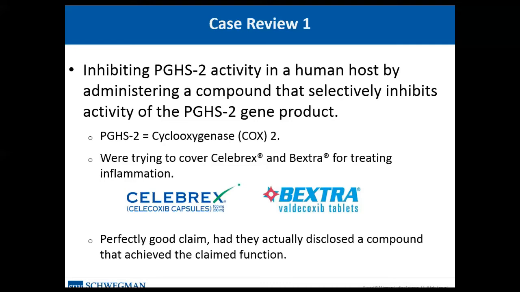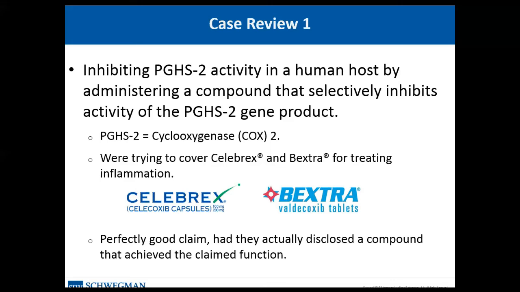So one of the cases that we're going to review right now, albeit briefly, is the Rochester case, in which they were trying to claim the inhibition of, basically, I think people are more familiar with the cyclooxygenase 2 as opposed to PGHS2 activity.